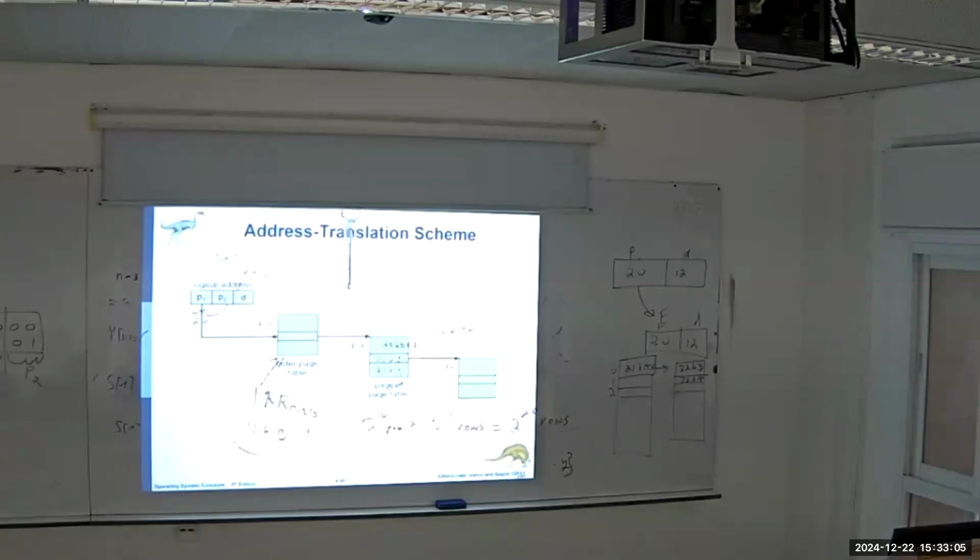It's going to be a 1 followed by 12 zeros. Every time I jump by a page, these are going to be zeros. So that's why I didn't need the full address of the page. I only need 20 bits, not 32, because I can always assume the last 12 bits are 0.